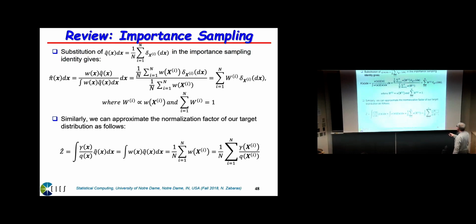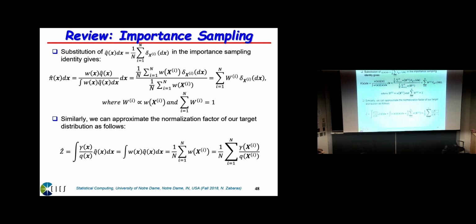So when you do this, immediately you can see the normalization factor is really nothing else but 1 over n times the summation of the weights. This is a fantastic approximation, right? You can get the normalization factor, which we have discussed in the course is usually very difficult to get, with simple Monte Carlo approximations, and in this case, importance sampling.